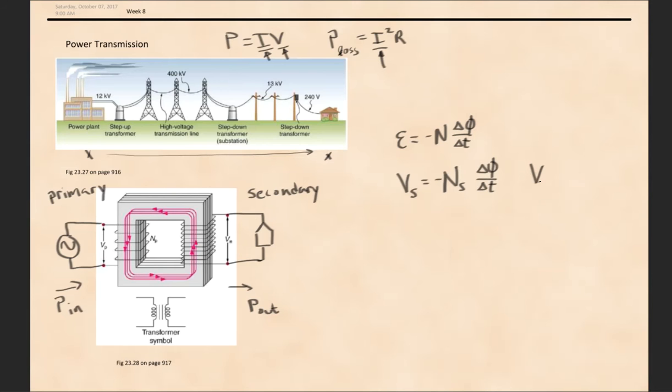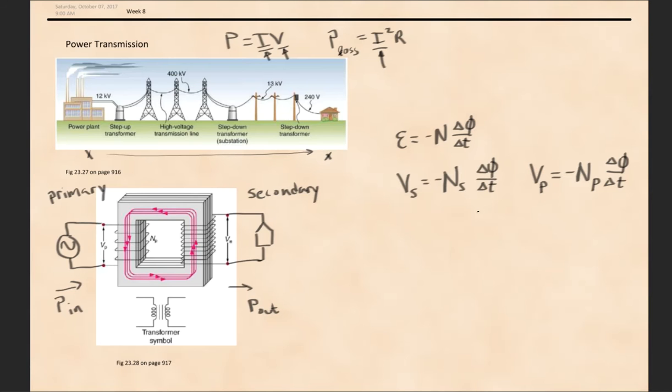But eventually, you get to the point where the voltage on the primary side is also related to the number of turns and the change in flux. This is not necessarily Faraday's law, it's something different, but the voltage is creating a changing B field, and the voltage is related to the B field through this relationship.